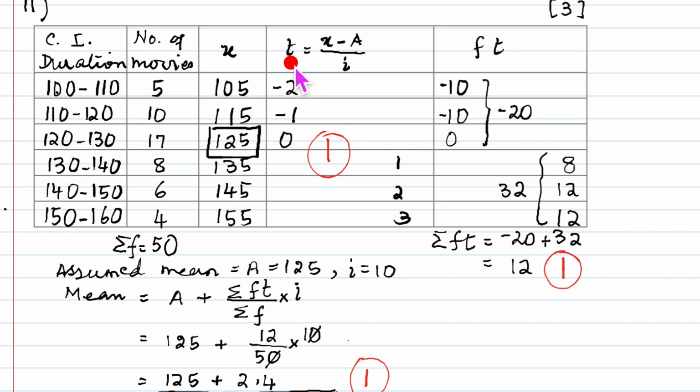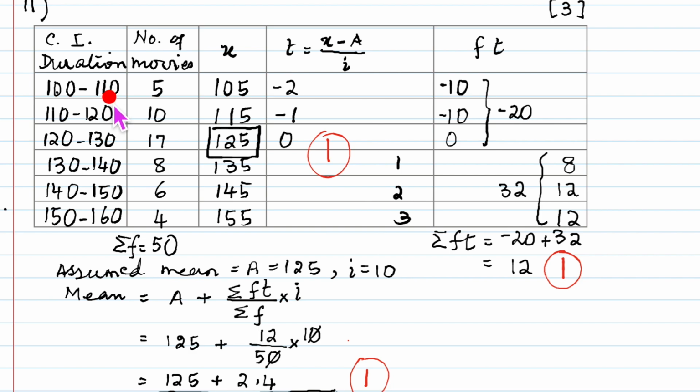For step deviation we need to find out t, which is x minus a upon i. So x minus a, that is the assumed mean. We take the assumed mean with the maximum frequency here. So we write here assumed mean a, which is 125, and then x minus a becomes 105 minus 125, that is minus 20, and that has to be divided by i.